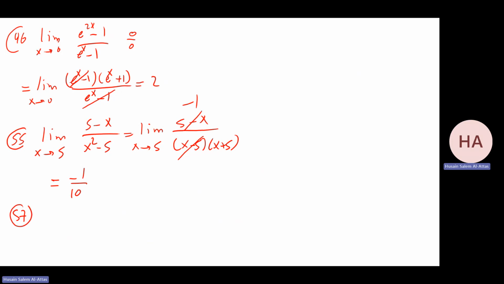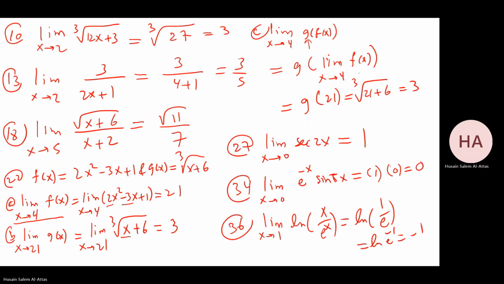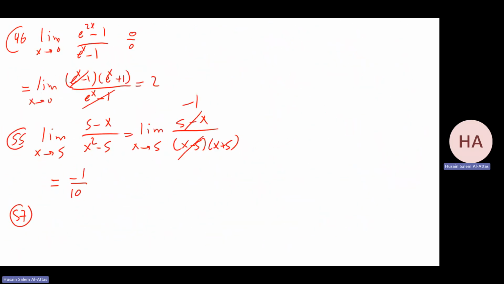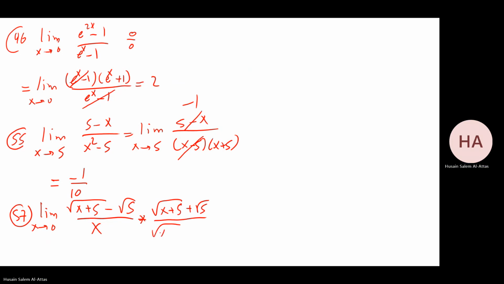57 is what? Limit as x goes to 0 of square root of x plus 5 minus square root of 5 over x. Substitute, we're getting 0 over 0, so you need to rationalize it. What are you getting?